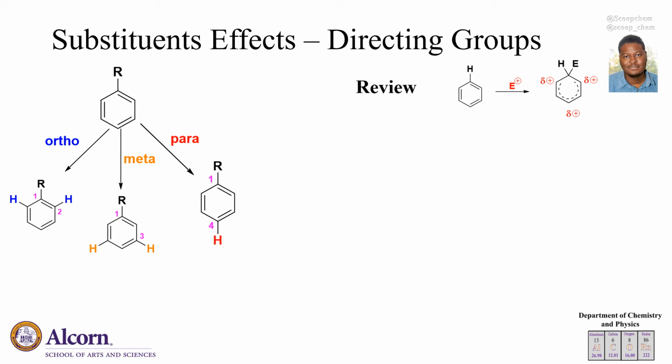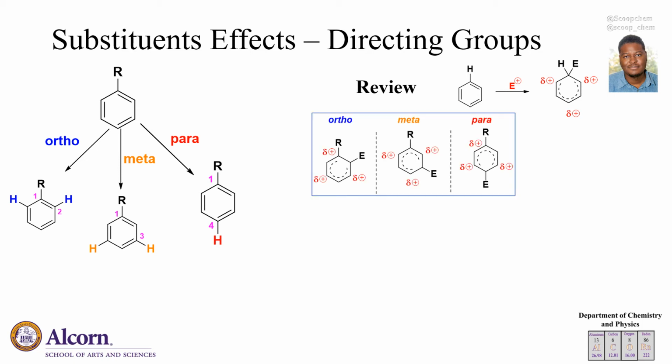Okay, so let's update our discussion of this resonance hybrid by now adding substituents. I have an electrophile ortho here, I have an electrophile meta here, and I have an electrophile para here, right? And we start to realize that there are some very important features that come out of this.